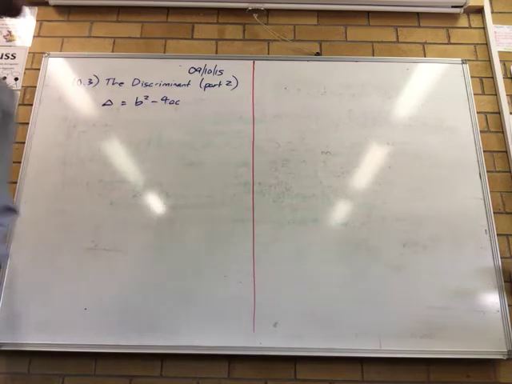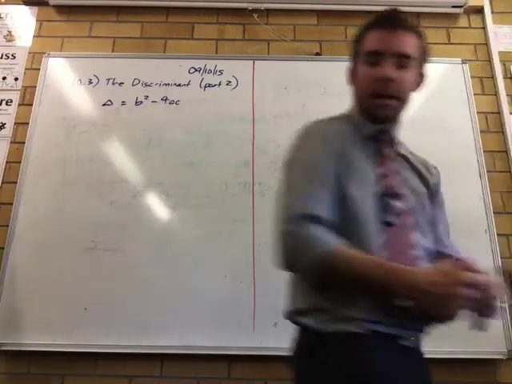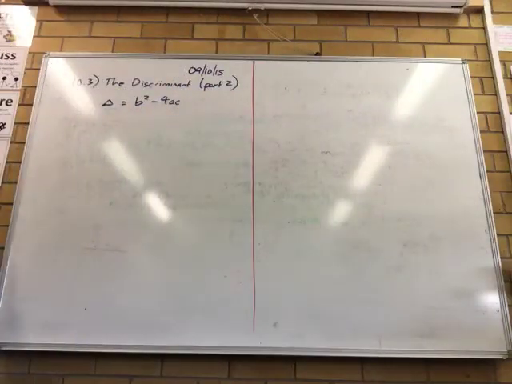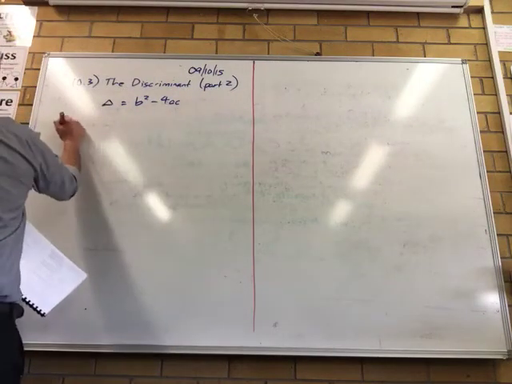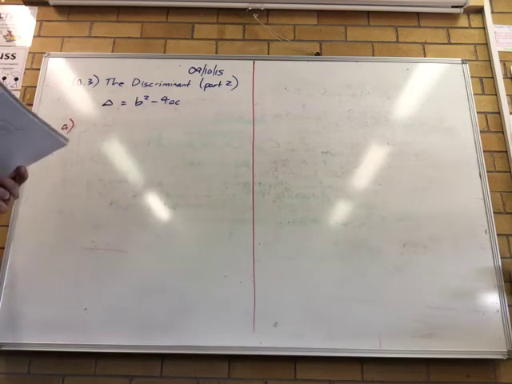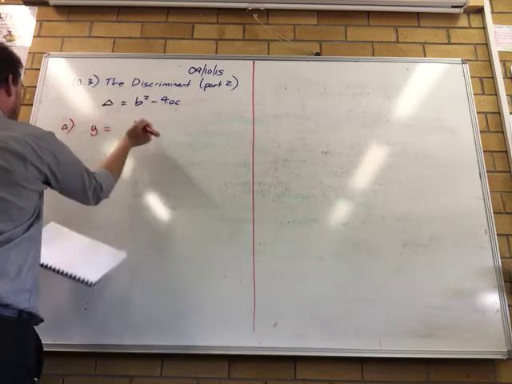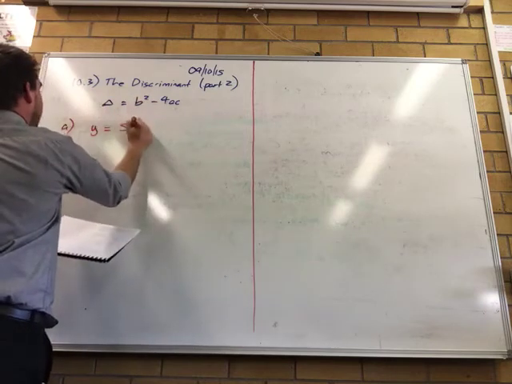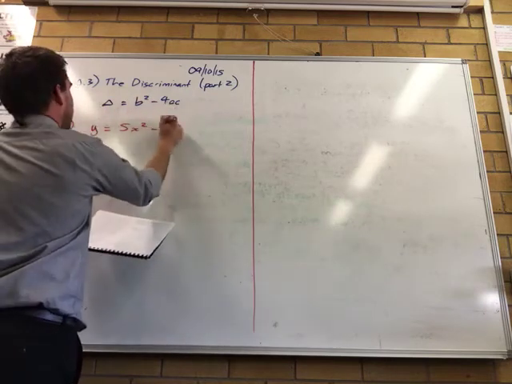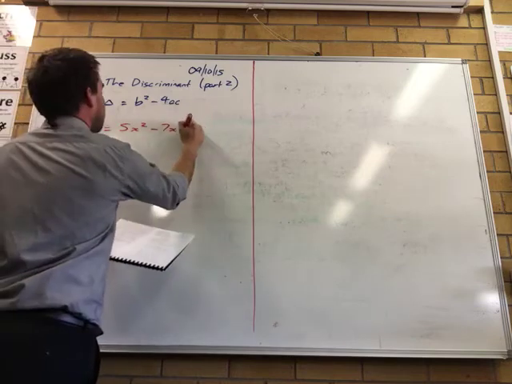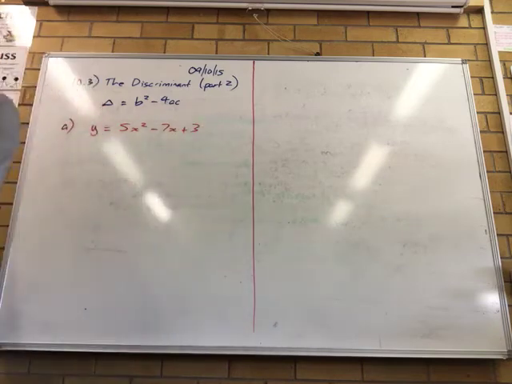And now we're up to the examples. So, example A. Determine the number and the types of roots. y equals 5x squared, take away 7x, plus 3.